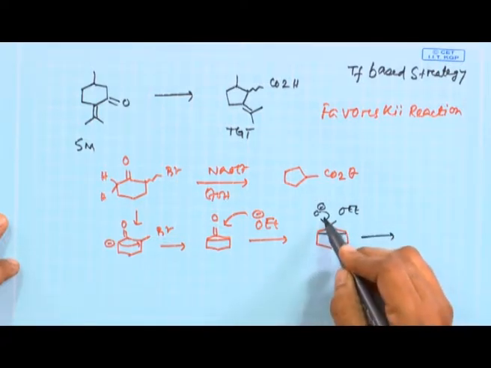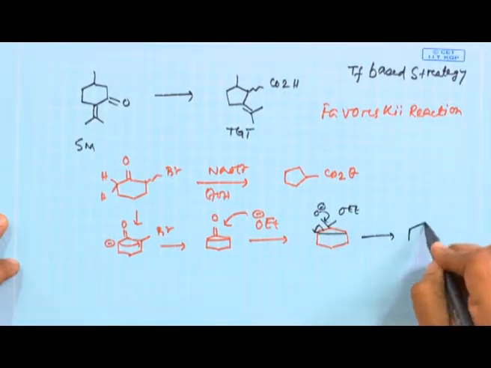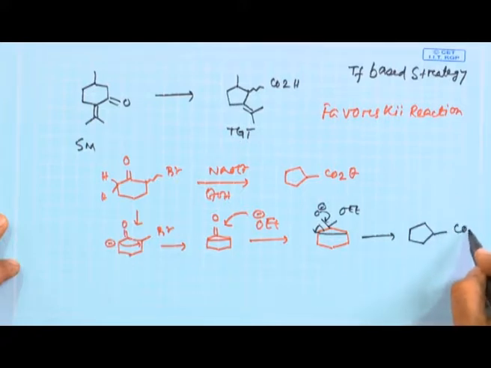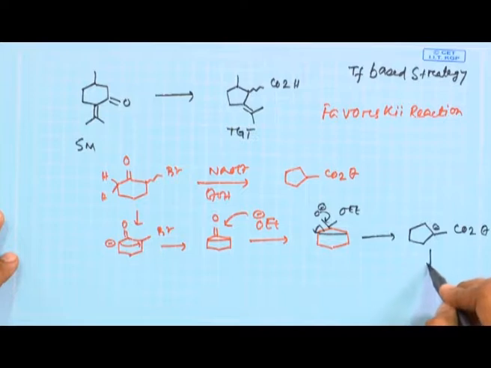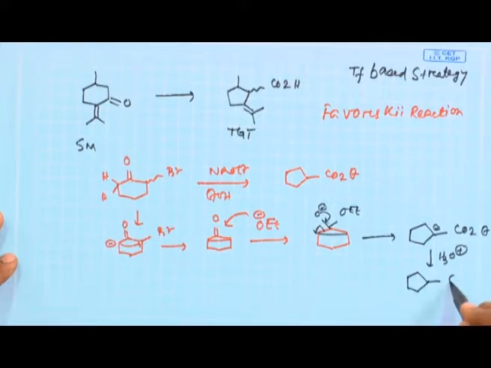So, basically this thing comes here, you keep this bond, and then you will have this CO2Et minus, which will take the proton from the aqueous workup, and you will get this as the final product.